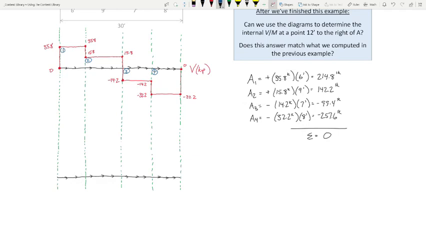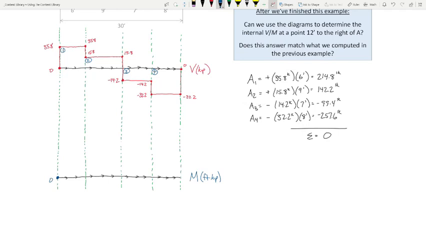We'll do our moment diagram in blue. Just like with shear diagrams, with equilibrium, we start at 0 and we end at 0.